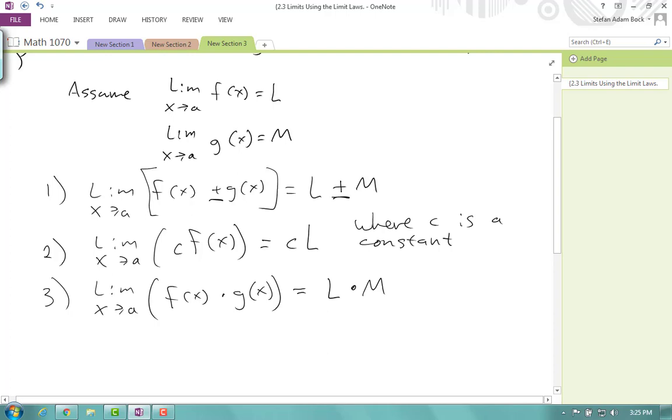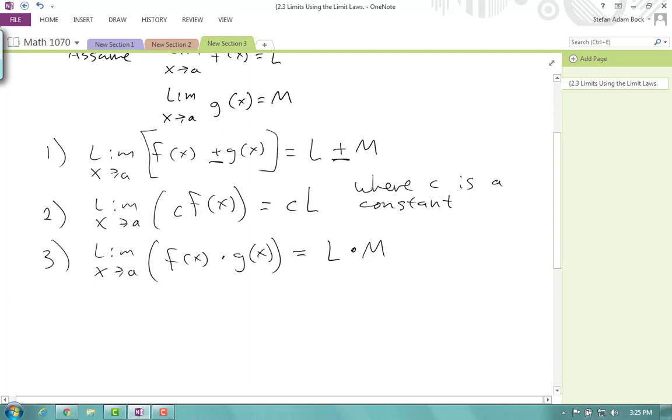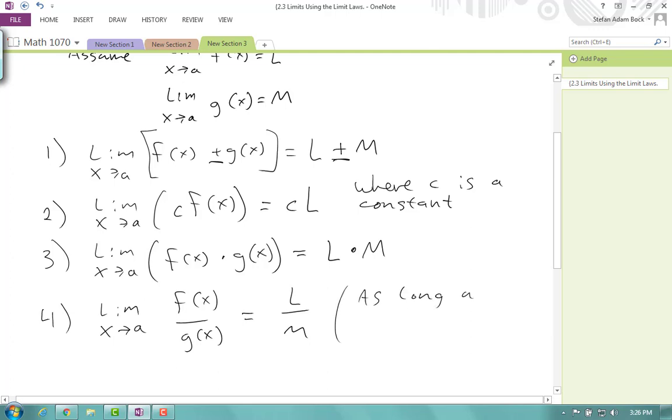And usually what's true for multiplication also works for division, but we need to worry about a problem. We'll see if we can spot it by the time I finish writing it. The limit as x goes to a of f of x divided by g of x will be what we want, L divided by M, as long as M is not equal to 0.